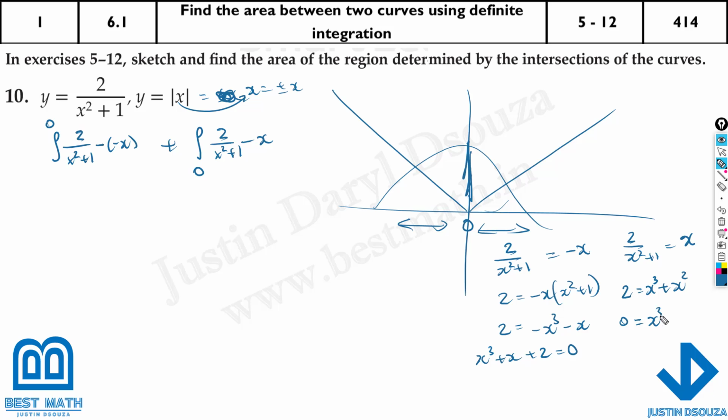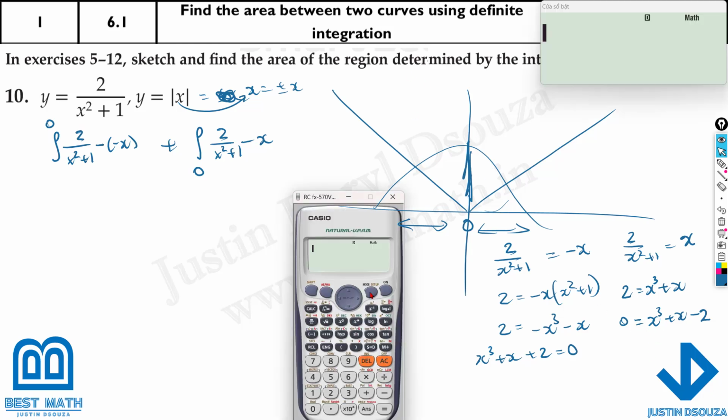Take this 2 to the other side, it'll be x cubed plus x minus 2. And now solve it using mod phi 3. Sorry, not mod phi 3, it's cubic, mod phi 4, and you'll get the answer. So here in mod phi 4, let me type in 1, 0, there's no x squared term, 1, and 2 plus 2 itself. So the answer is minus 1, and ignore the others, they're imaginary, it doesn't matter, but minus 1 is the point here.